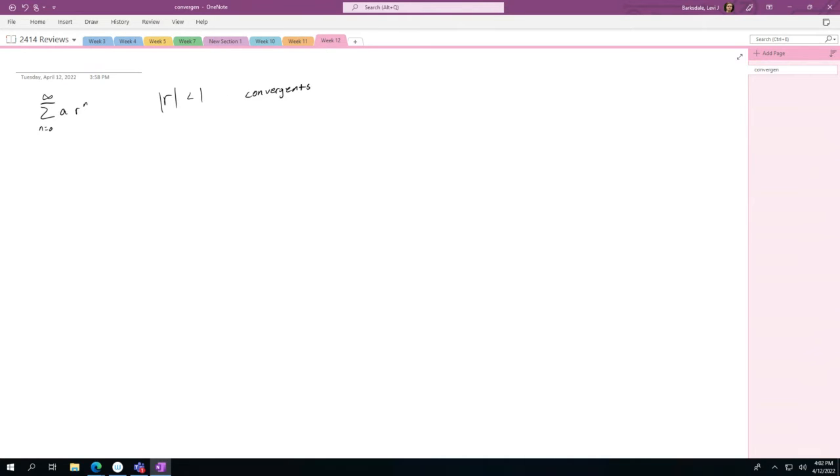Moreover, if the radius is smaller than 1, we can even find the sum, and the sum is equal to our first term a over 1 minus our radius. Right, that should all be review.